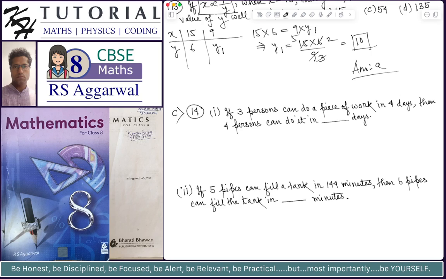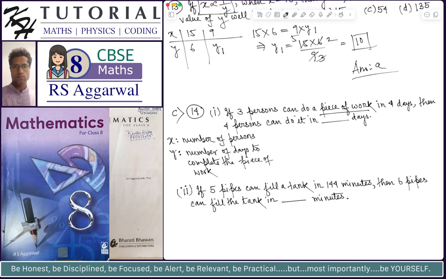Since the piece of work, the amount of work is constant, if you consider x to be the number of persons and y to be the number of days to complete the piece of work, the piece of work is constant, that is the amount of work being done is constant.